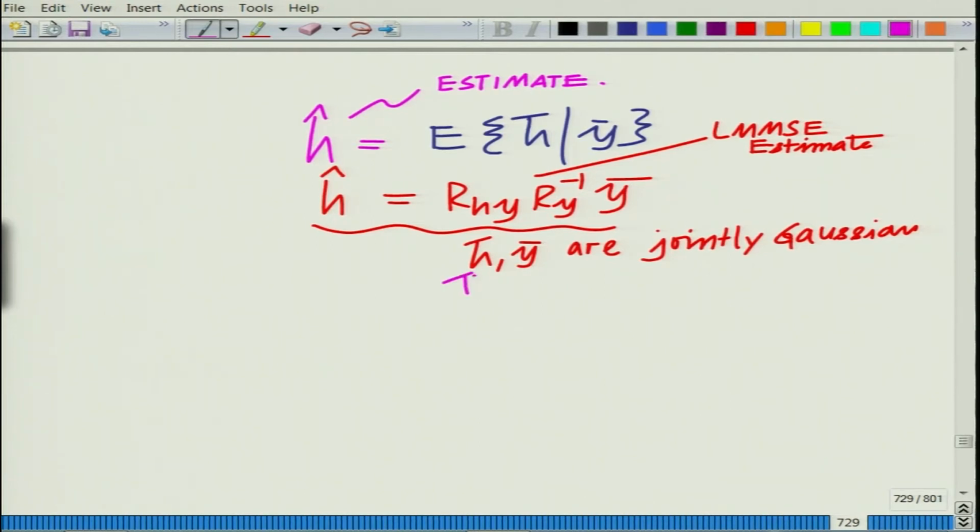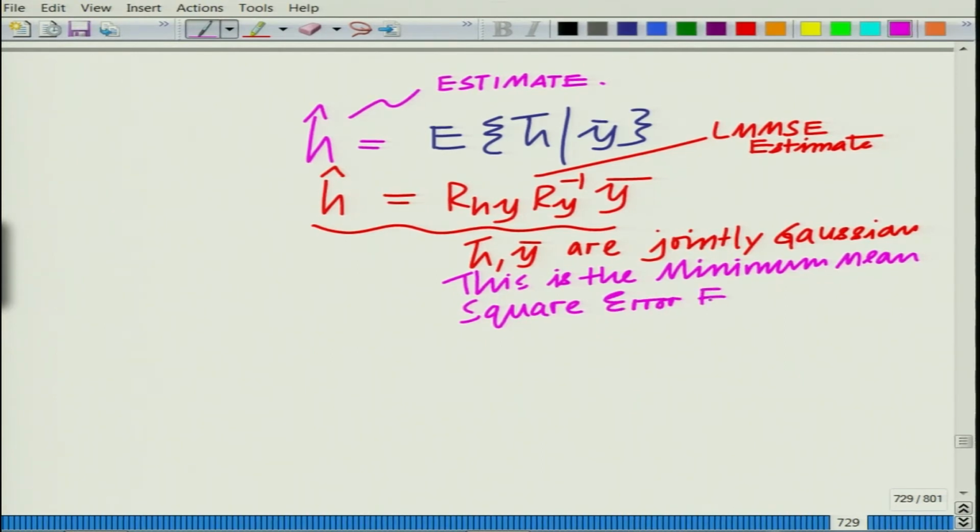This is the MMSE estimate, that is, the minimum mean squared error estimate.